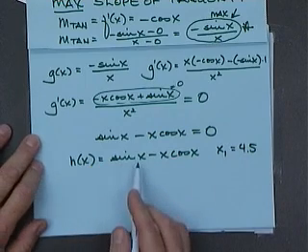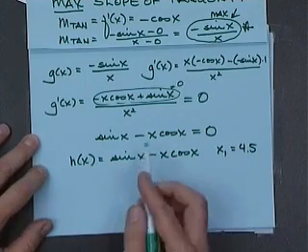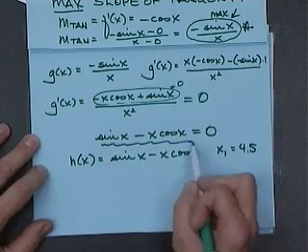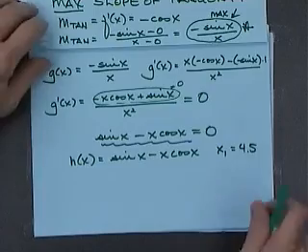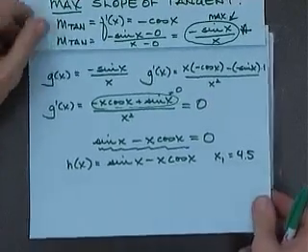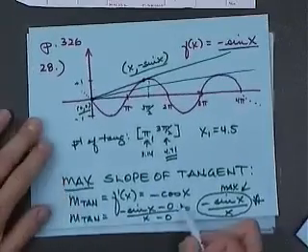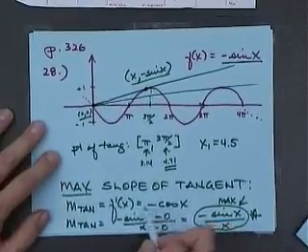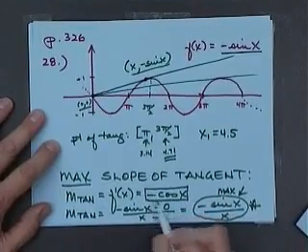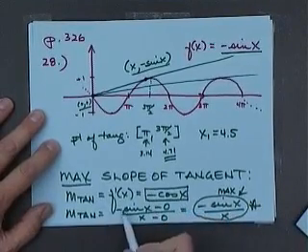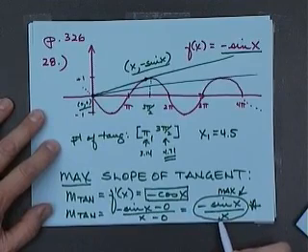Okay, we're going to come back to this. I want to show you another way real quickly of how you can end up with this same equation. Probably a little bit easier, actually. And it's from the bottom of this page right here. The slope of the tangent based on the derivative was negative cosine of x. The slope of the tangent based on using the 2 points on the curve was this.